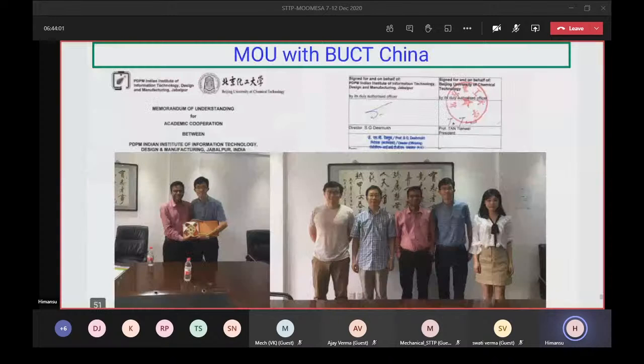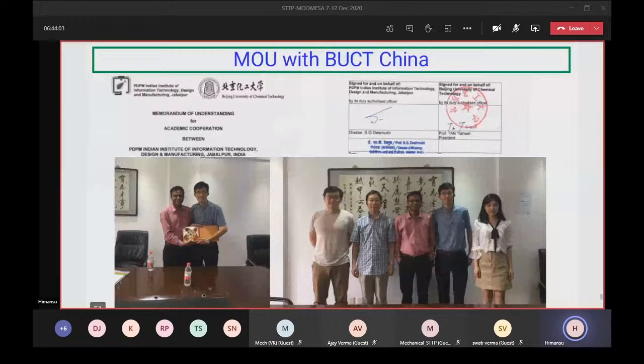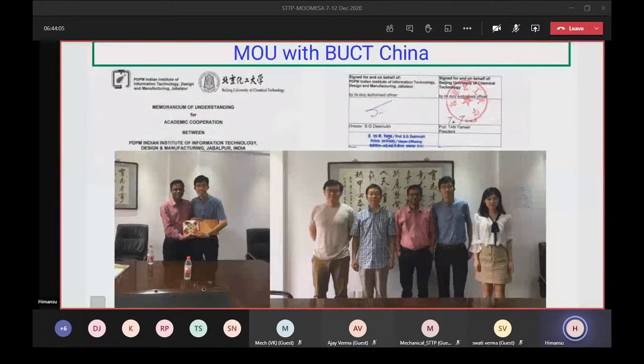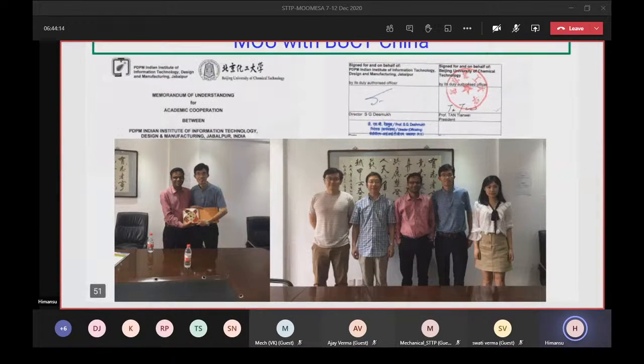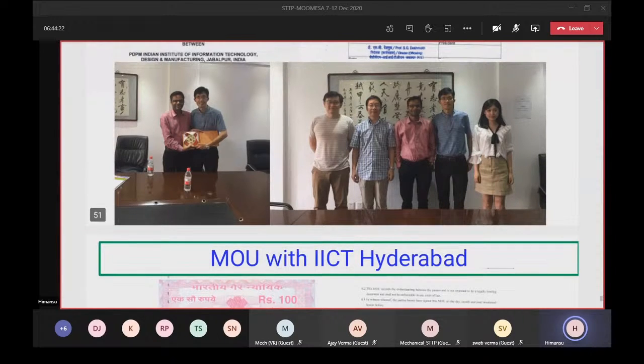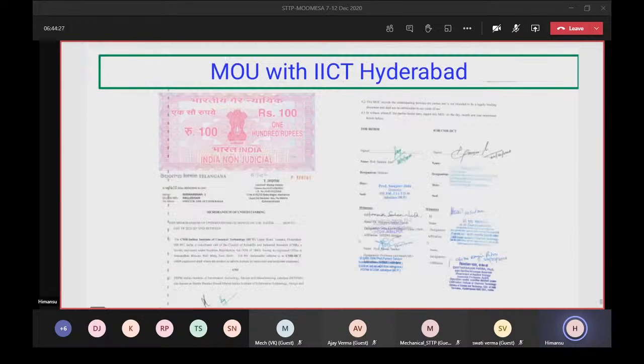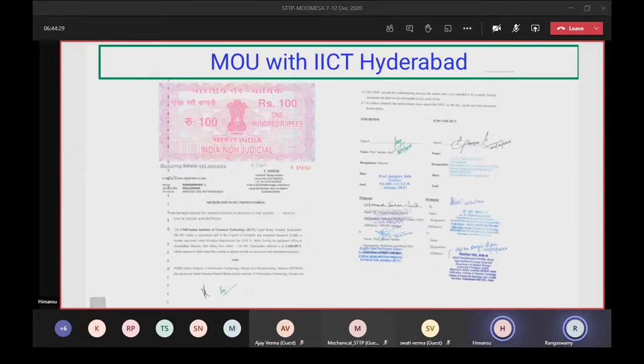collaborators, and we are also actively participating in signing memoranda of understanding of our university with other institutes. Last time in 2018, I particularly went to do this workshop and signed a memorandum of understanding with Beijing University of Technology, and recently we also signed a memorandum of understanding with the Indian Institute of Chemical Technology, Hyderabad.